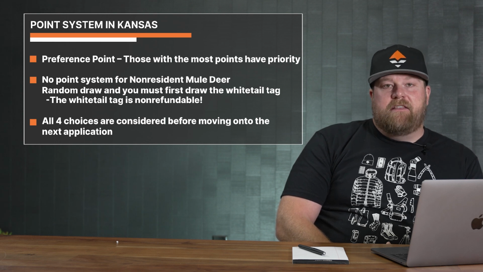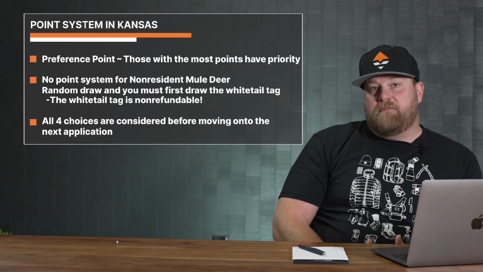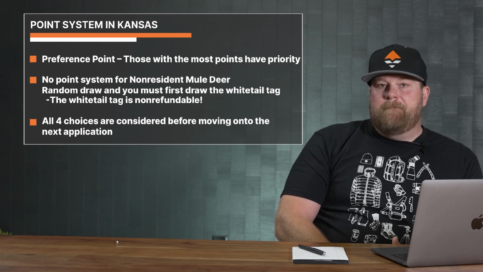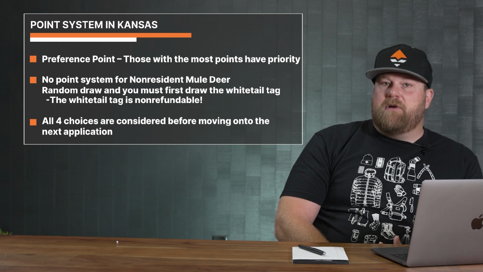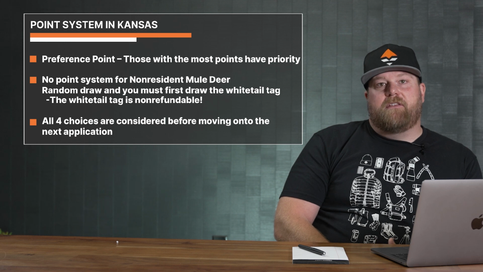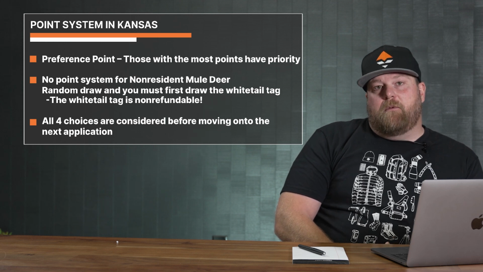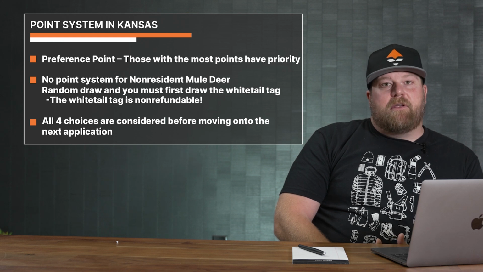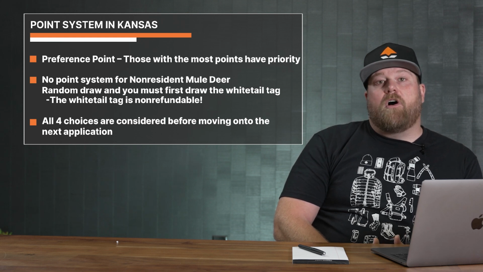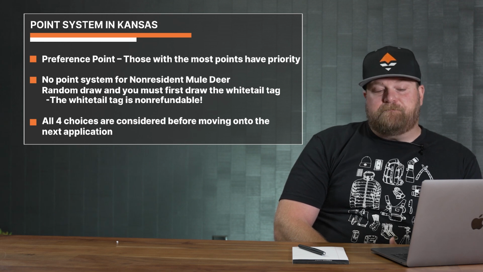There's a limited number of tags for non-residents on both the whitetail side and that mule deer stamp, so you build preference points, people with the most points win, and then it's true random on that mule deer stamp. One thing to note, you get 4 choices on your application, and they do consider all 4 choices before moving on to the next application.